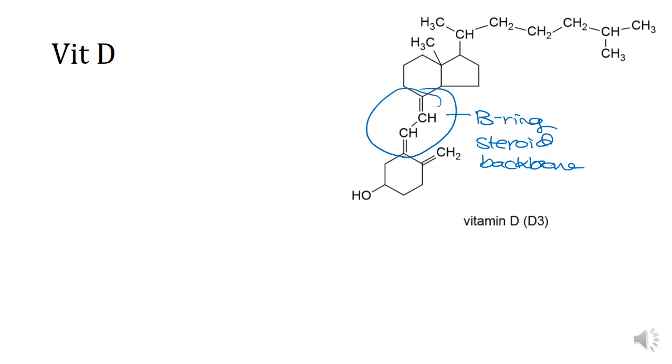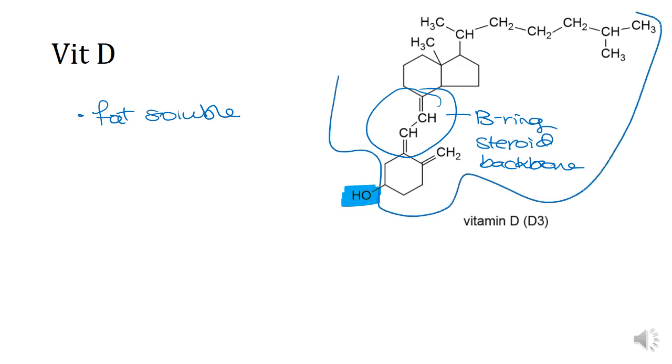So it's that modified 4-ring fused structure from a steroid backbone that we see in vitamin D. As I said before, while there is this little polar section off to the end here, much like vitamin A, it is fat soluble because of this very large non-polar component.